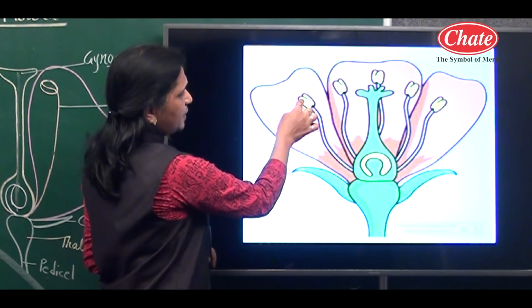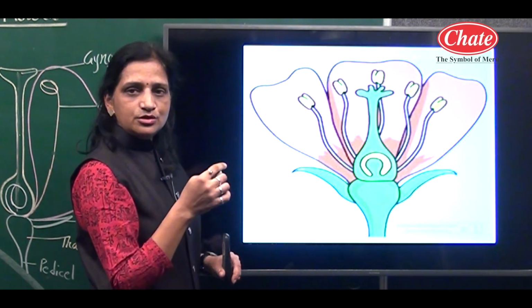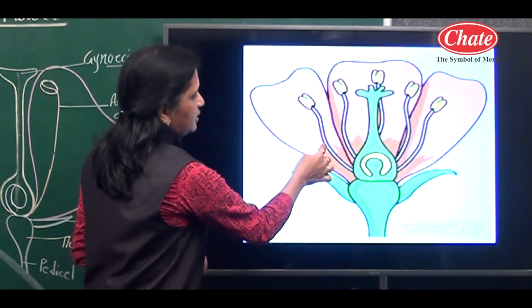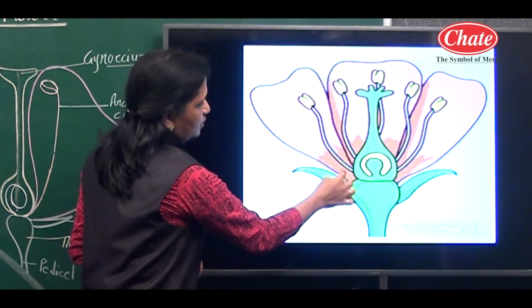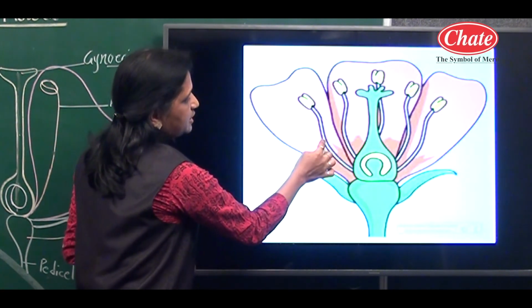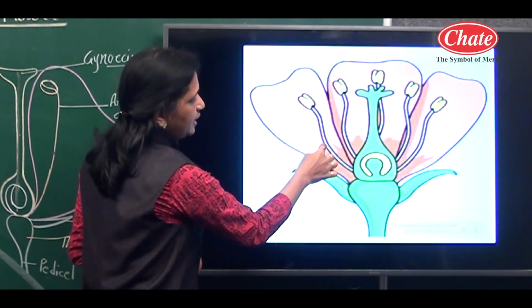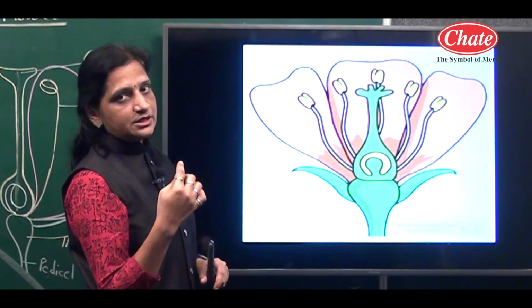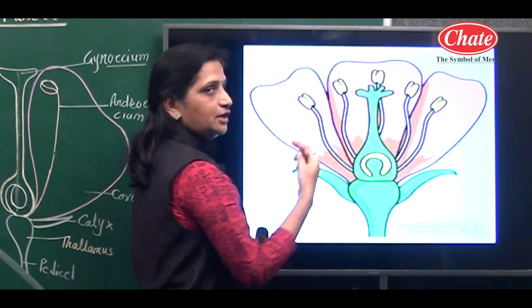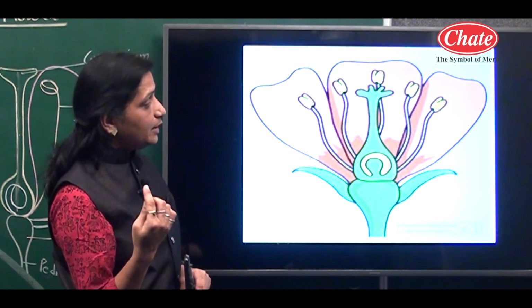This part is the anther, which produces pollen grains, and the part which holds the anther on the thalamus is the filament. So anther and filament together form the stamen, and the whorl of stamens is known as androecium, the male reproductive part.